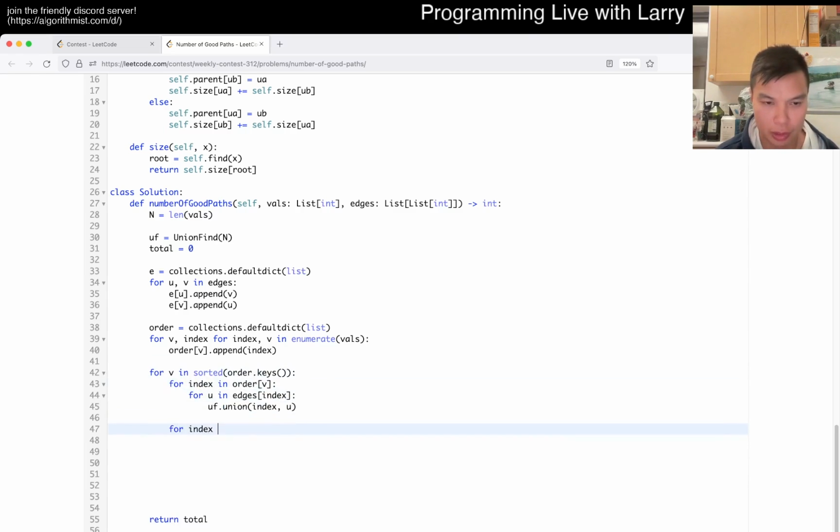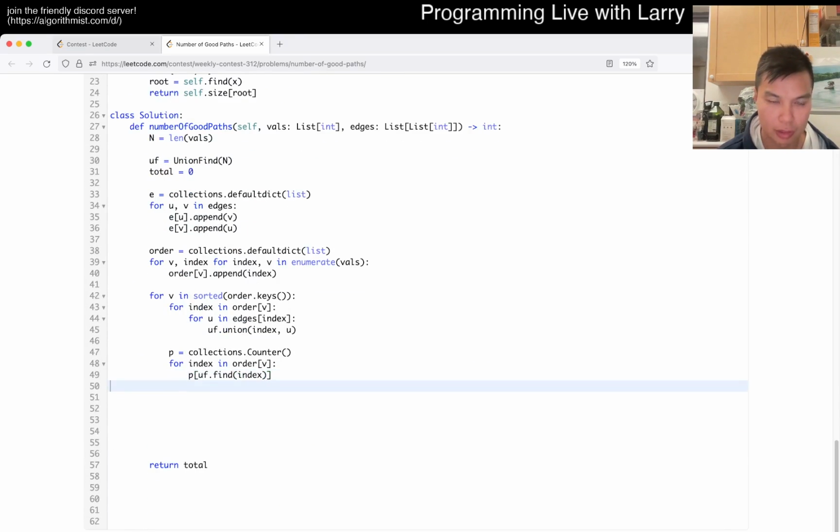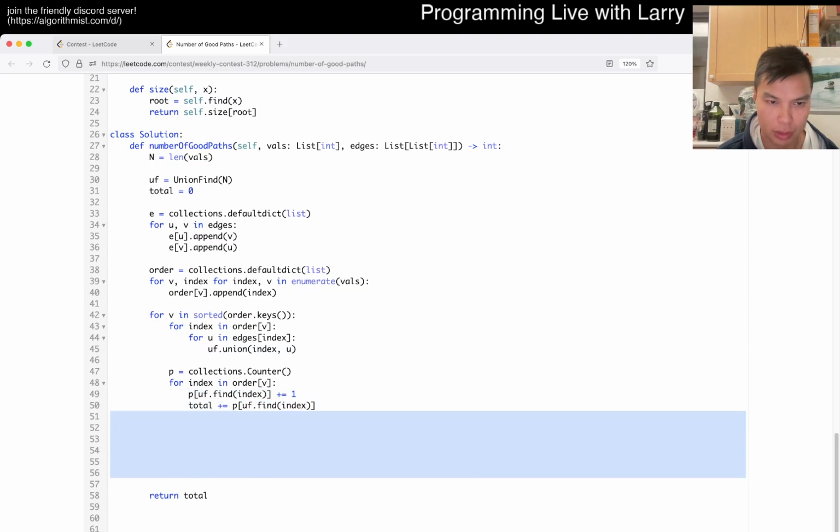Which is for index in order of, we go okay. Just say p. So then here we go, parent p of uf find of index, increment by 1, and then total we add this number. I think that's it, maybe.